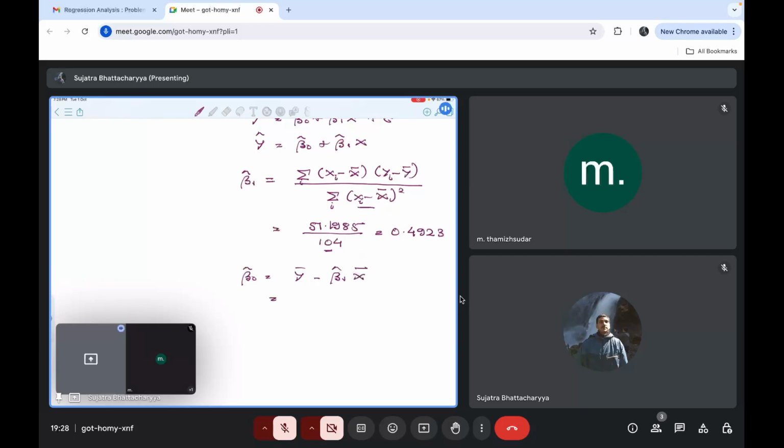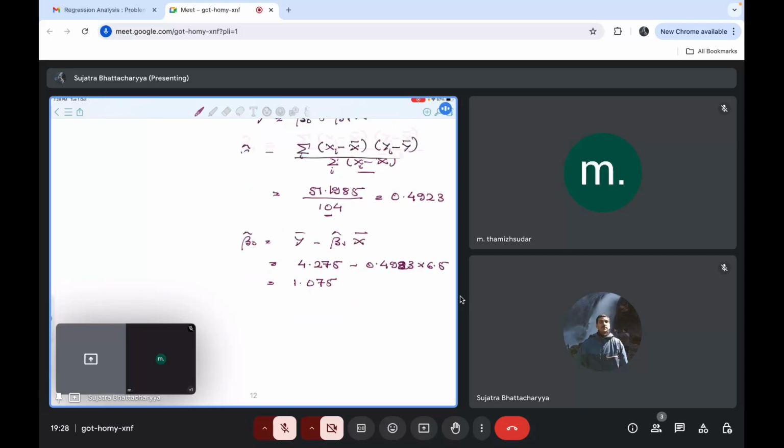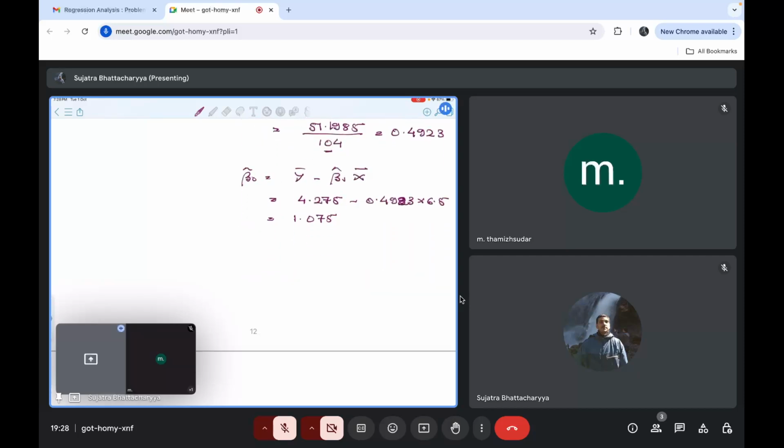Just remember from simple linear regression, y bar is 4.275 minus 0.4923 into 6.5. This gives you 1.075. So based on the two sets of data together, we get y hat as 1.075 plus 0.4923 into x.